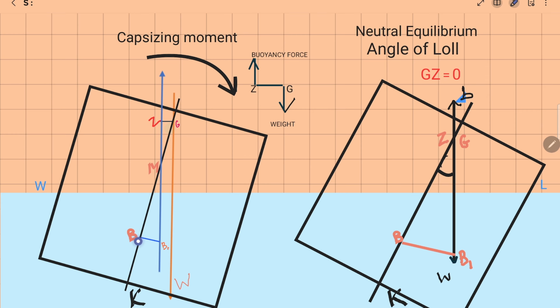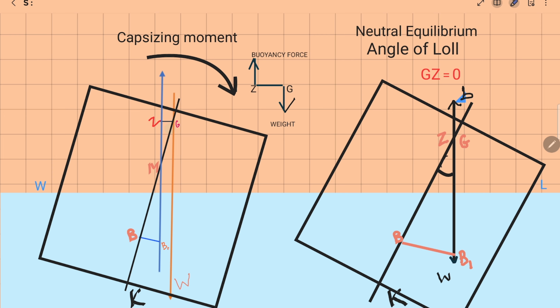And as you can see now, here is the metacenter and here is our center of gravity, which is above the metacenter. As soon as the vessel has even a small angle of heel, the buoyancy force is now acting from B1, from the lower side, and the weight is acting down from G. We can see that these two forces are forming a couple which is not trying to bring the ship back to upright condition.